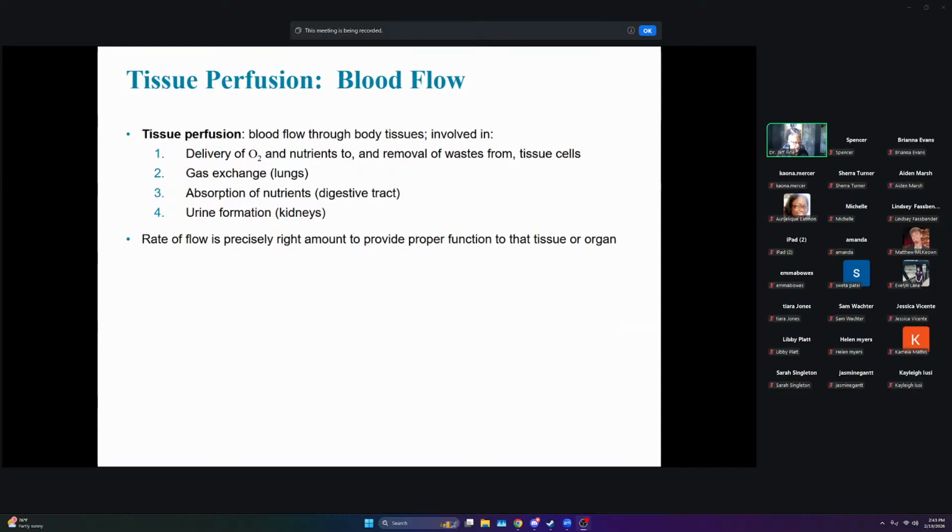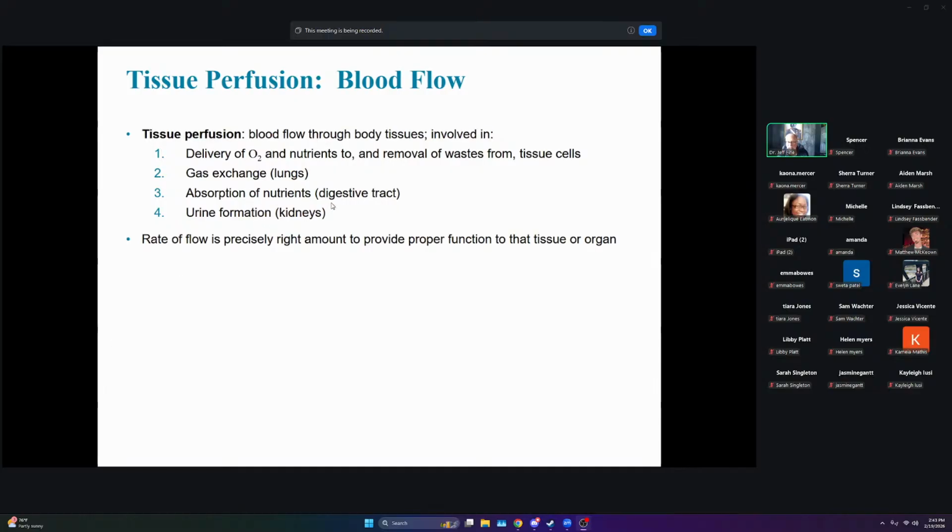Those capillary beds that are intertwined inside of our lungs, meeting up with and touching the alveoli, offloading oxygen that we've inhaled onto the erythrocytes, and then offloading carbon dioxide off of the erythrocytes to the alveoli so we can exhale and remove it from the body. Gas exchange within the lungs, tissue perfusion.